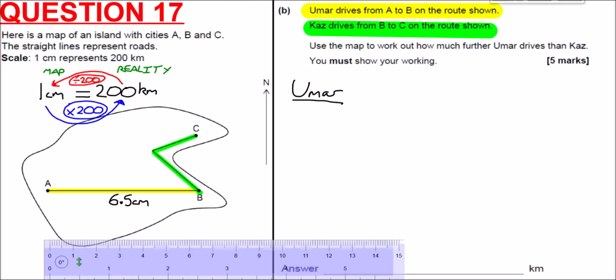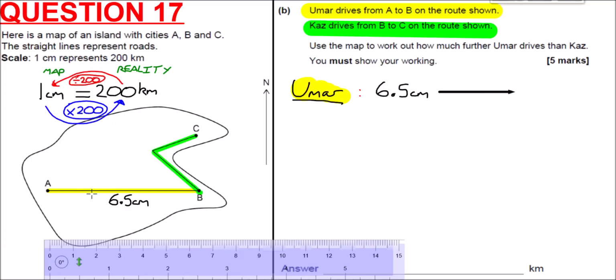But going back to Umar now for a second. We've measured the distance that Umar's travelled, and Umar, according to the map, has travelled 6.5 centimetres. Now we need to convert that to the real life distance.